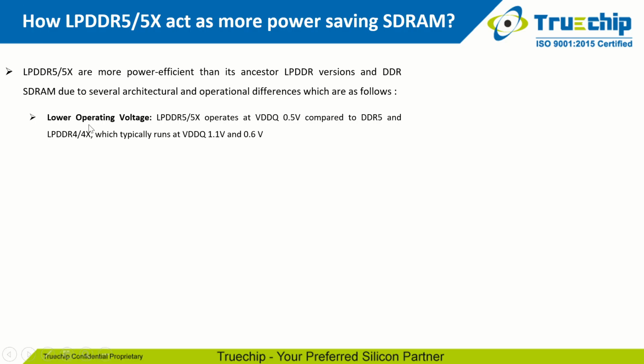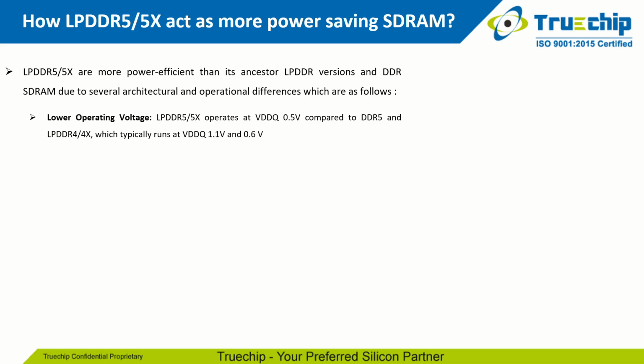Lower operating voltage: reduced voltage signaling, for example, having the minimum differential input voltage for the clock and write clock in all the supported clock rates, and also the operating voltage of VDD being lower than the previous generation of LPDDR. LPDDR5 5X operates at VDDQ 0.5 volts compared to DDR5 and LPDDR4 4X, which typically run at VDDQ 1.1 volt and 0.6 volt.